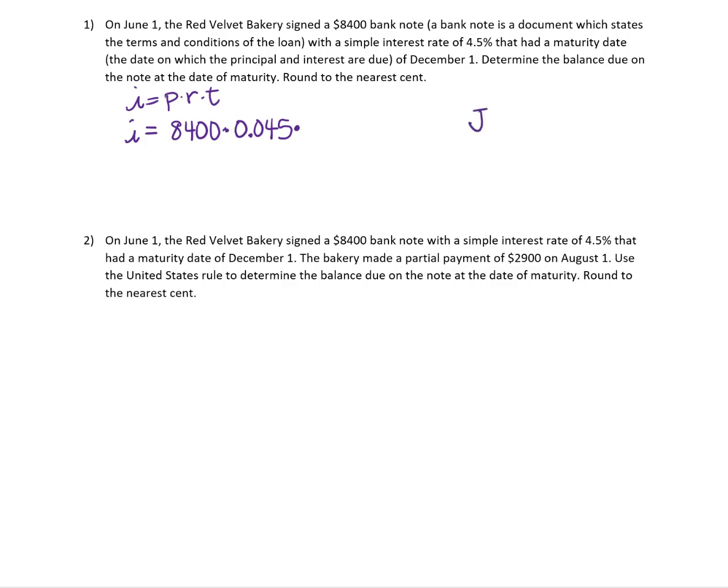The bakery got the loan on June 1st, and then it was due on December 1st. We're going to use the banker's rule, and this is on page 6 of chapter 10.